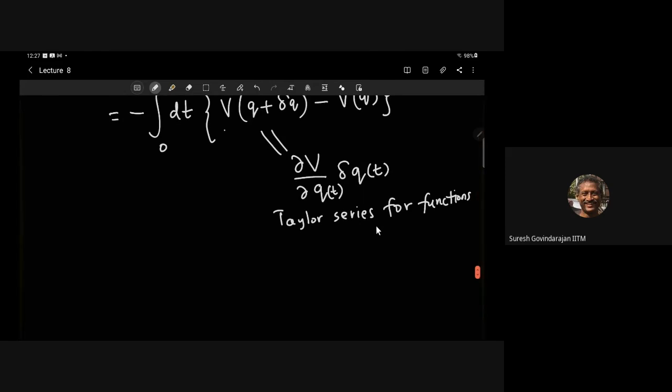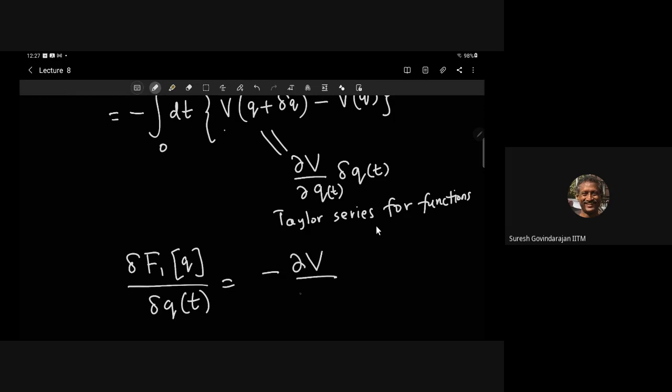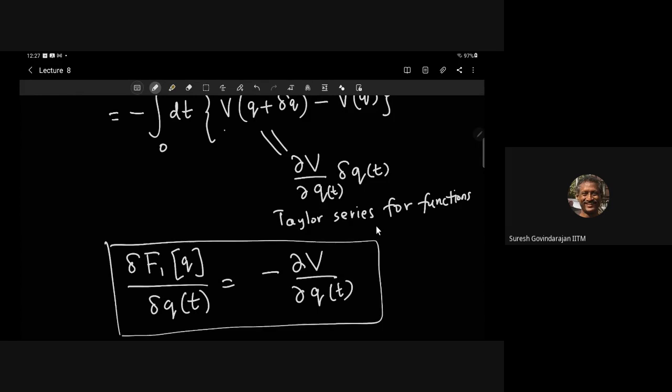So what we get is delta F1 of Q, and there is this minus sign here, so I should keep on carrying that minus. Notice that there are two different deltas appearing here.